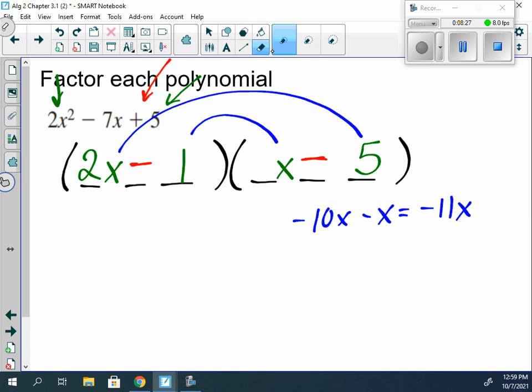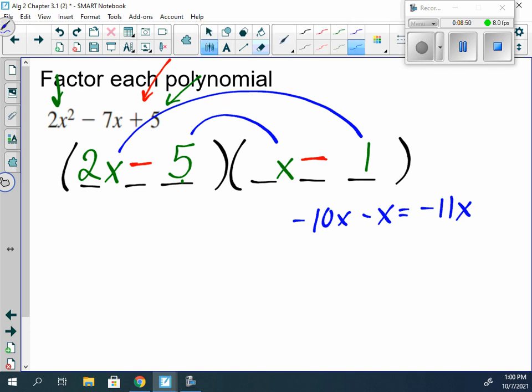Do we want to change the 2x and x or the 1 and 5? What do you say, Austin? 2x and x or 1 and 5? 1 and 5. Because at this point here, it really doesn't make a big difference what we change.